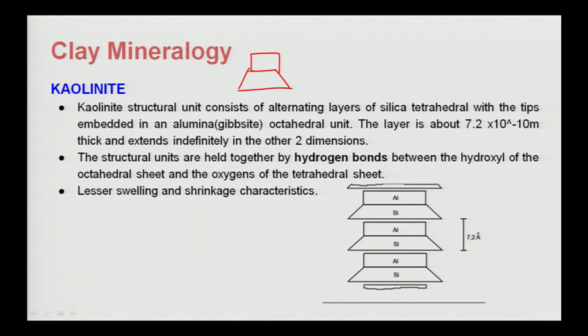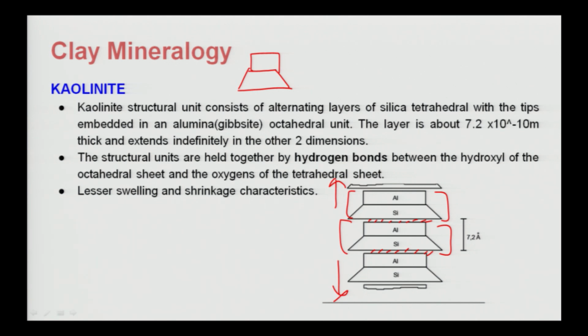When we combine these in layers, this type of structure is formed, which can extend to the top or the bottom. This is one kaolinite unit, this one is another kaolinite unit, and the bond between these two, we will be discussing, is the hydrogen bond.